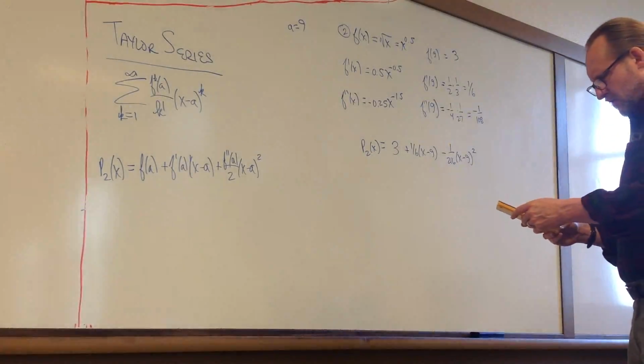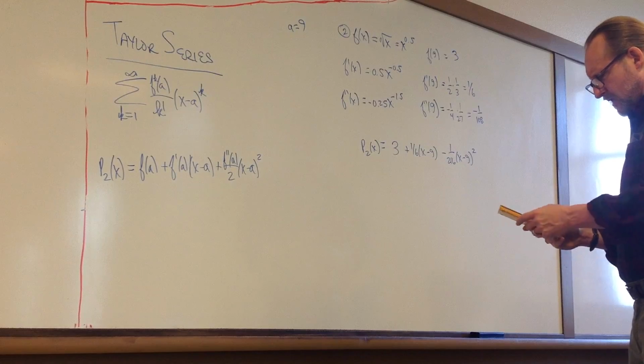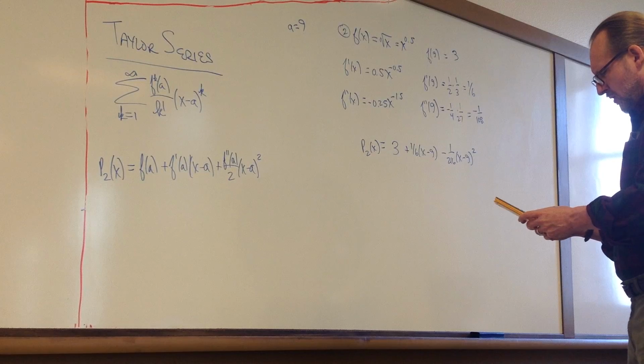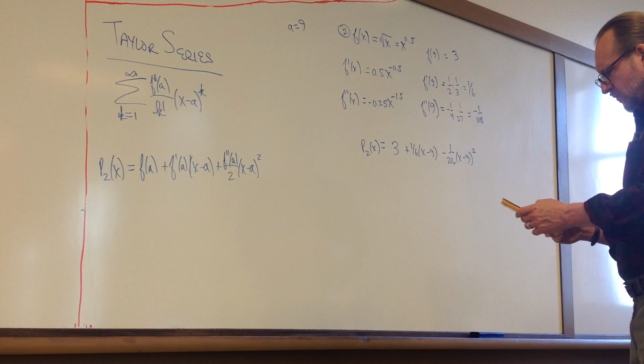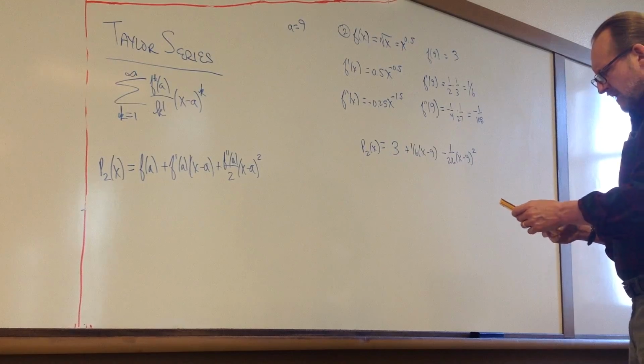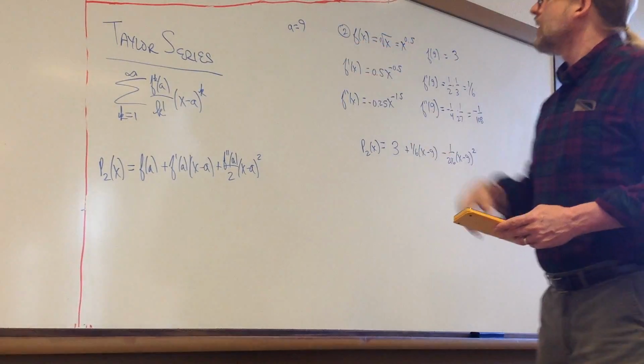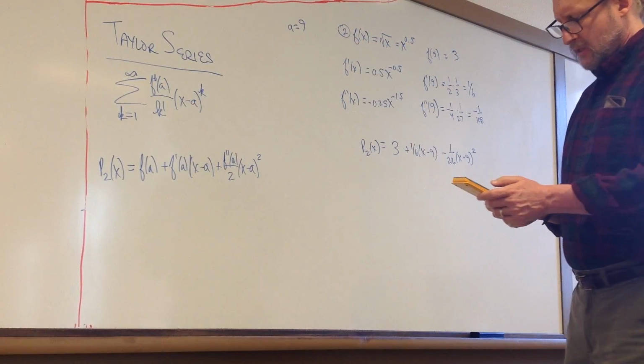So let's see, we want to look at square root x, and then also 3 plus 1/6 x minus 9 minus 1 over 216 x minus 9 squared. And let's see here, let's look at it in the standard window.